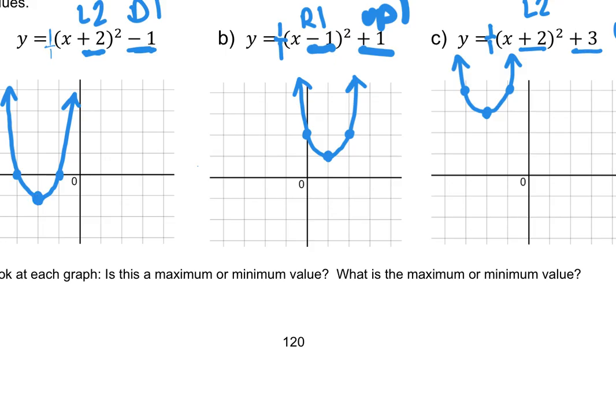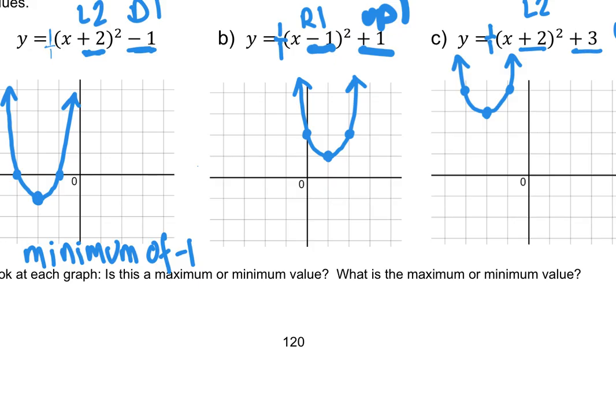So let's write minimum underneath it. And what is our minimum here? -1. Yes, we're looking to see how low this graph goes, and it goes as low as -1. So we're looking at the y-axis value here.